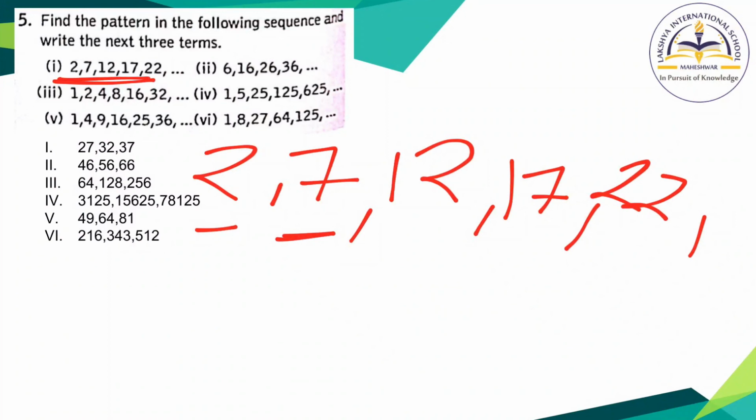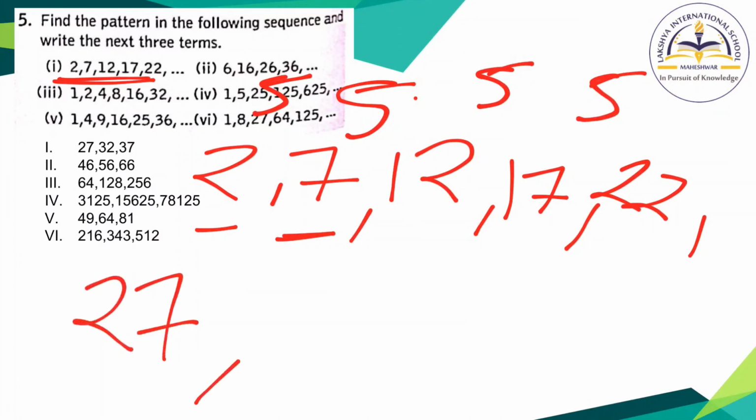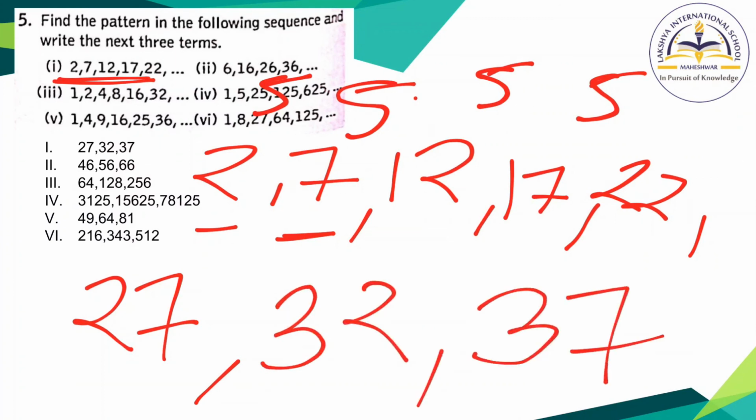So how many do we add between them? 5. 2 plus 5, 7. 7 plus 5, 12. 5 is also added here. Here also 5 is added. 12 plus 5, that is 17. 17 plus 5, that is 22. Now 27. Now 27 plus 5, 32. Now 32 plus 5, 37. So this will be your answer.